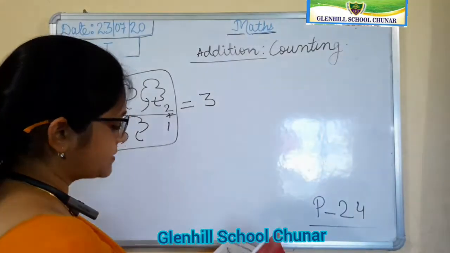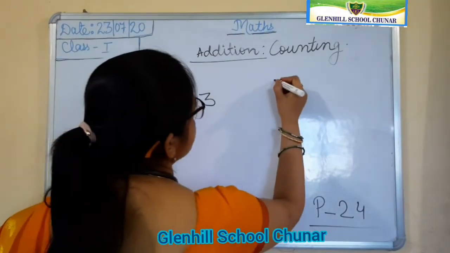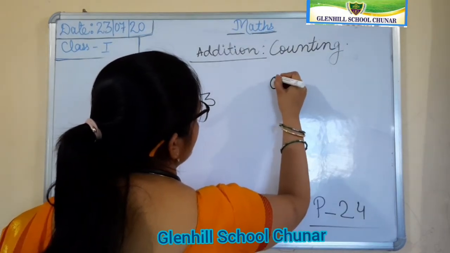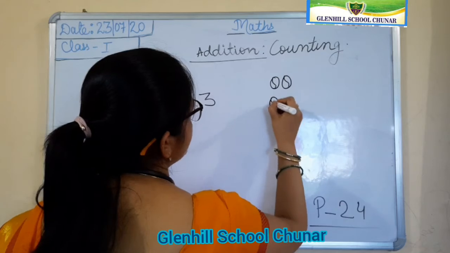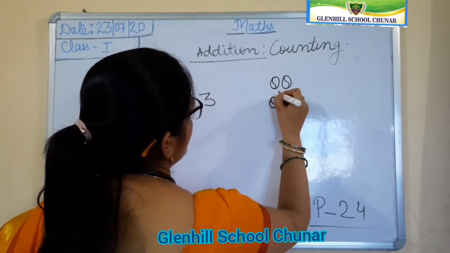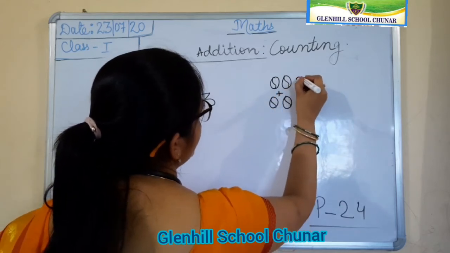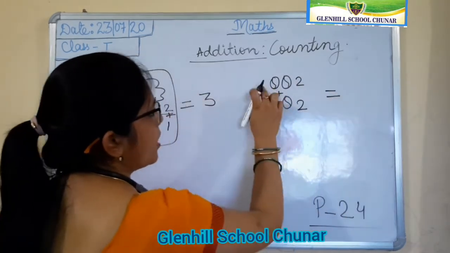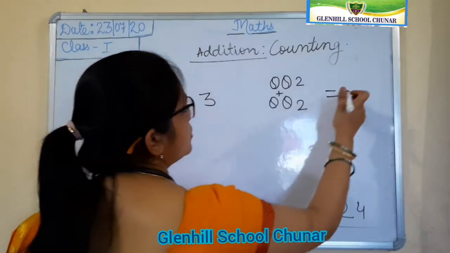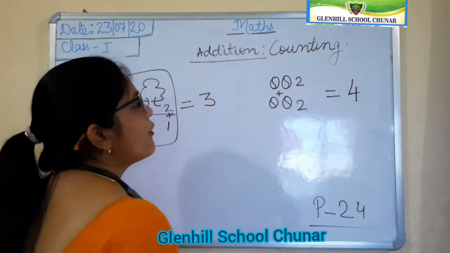So now next, suppose here it is 1 ball, 2 balls and down it is 1 ball, 2 balls. Okay, you have to do the plus. So here it is 2 balls and again 2 balls. So all becomes 1, 2, 3, 4. So here it becomes 4 balls.